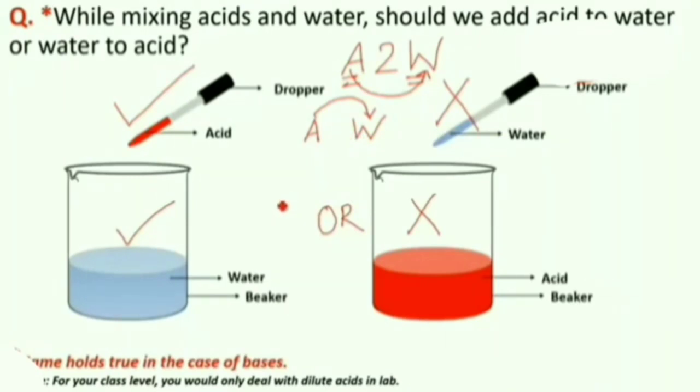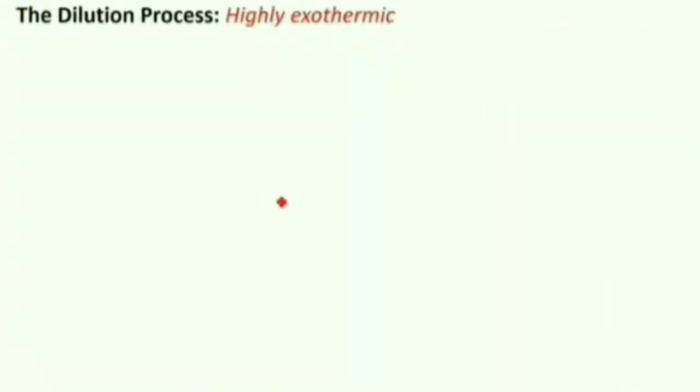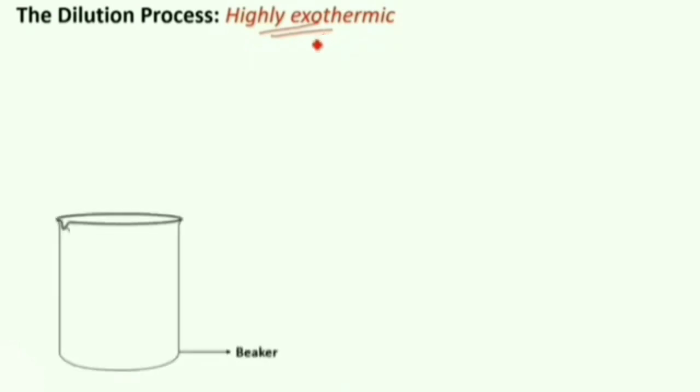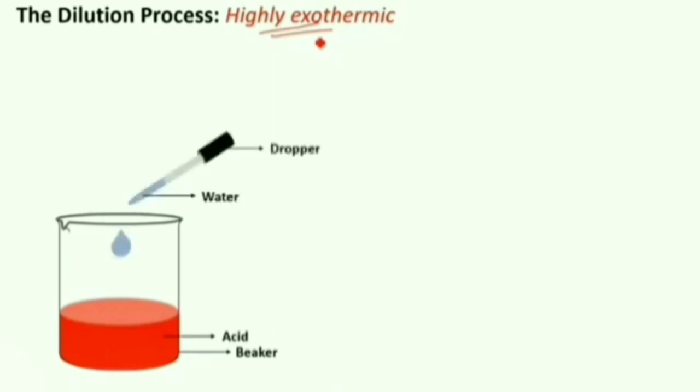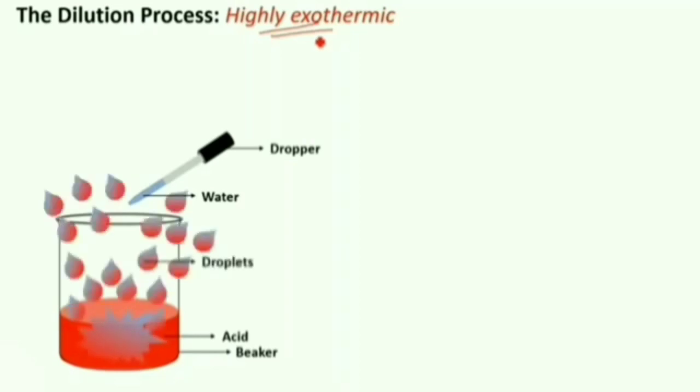Let us now understand the dilution process. The dilution process, which is mixing acid and water, is highly exothermic. That is, a lot of heat energy is released when acid and water are mixed. This heat might cause accident during dilution process. Let us see how. Suppose you take a beaker containing acid in it. Now, in order to dilute this acid, you add water to it with the help of a dropper.